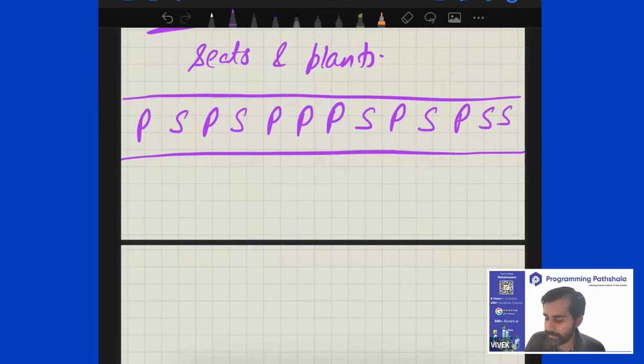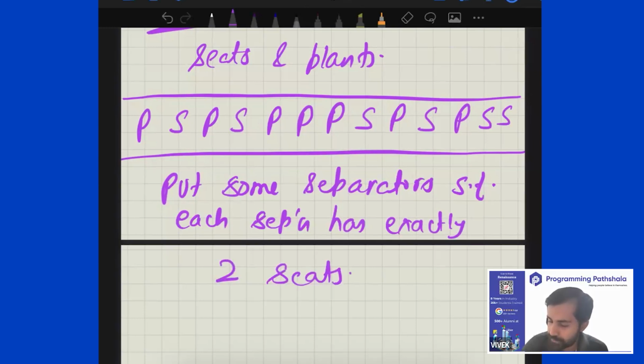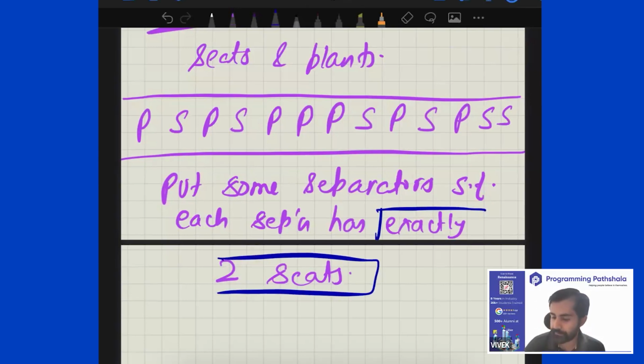Now, what the question is saying is we have to put some separators so that each separation has exactly two seeds. This is the most important thing. Exactly two seeds. That is the basic requirement over here.